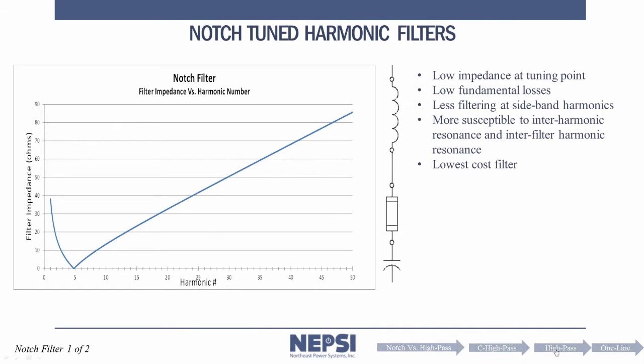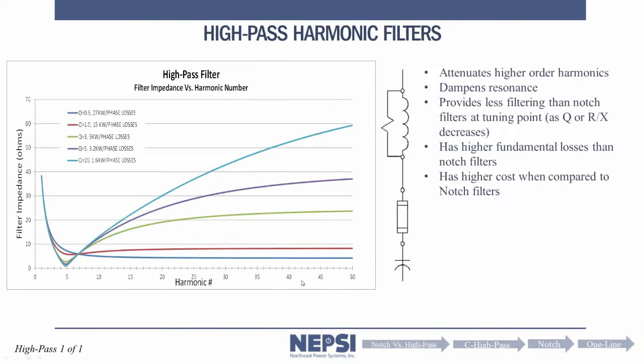The second type of filter that is available to model in EasyPower is called a high pass filter, and that's what I've shown here. And basically what we have is a resistor in parallel with an inductor, and based upon the ohms of this resistor, the characteristics of that filter change.